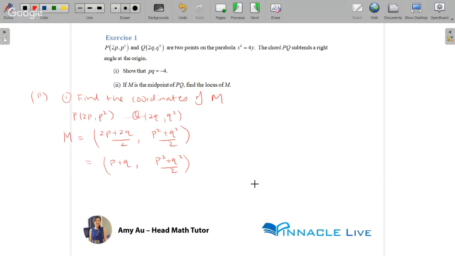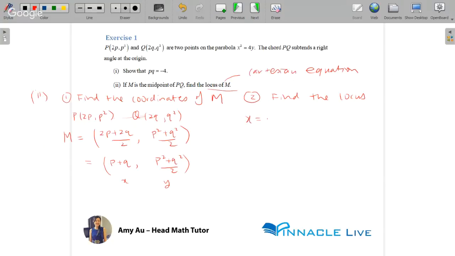And then now we want to find the locus, meaning you need to find the Cartesian equation that corresponds with those coordinates. So we'll start with the fact that this is your x and y coordinate, right? So let me just write out the second step. So the second step is to find the locus.